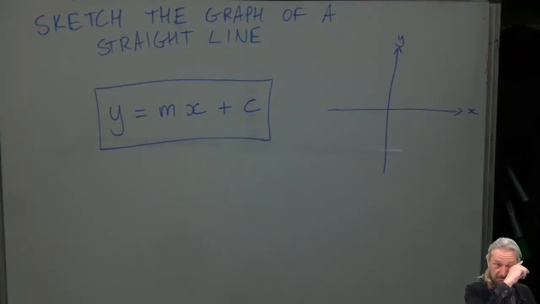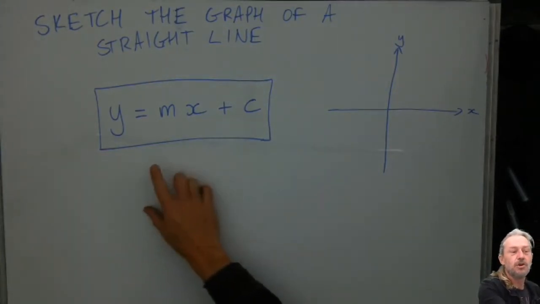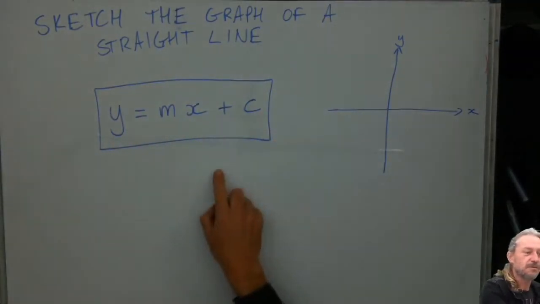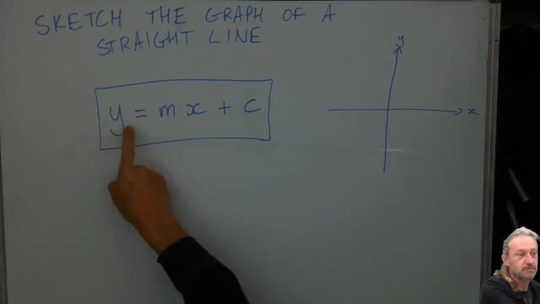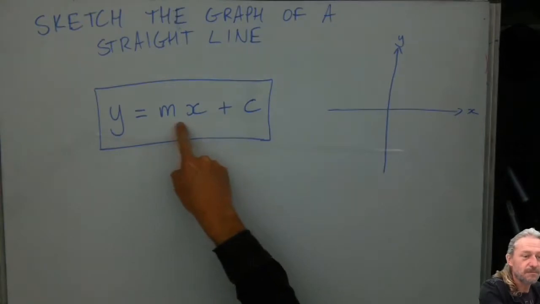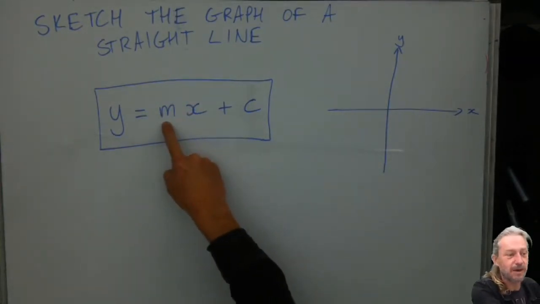So, the first thing that you need to do is, whatever form you're given the equation in, transpose it into this form: y equals mx plus c, making y the subject. Remember, m is the gradient.